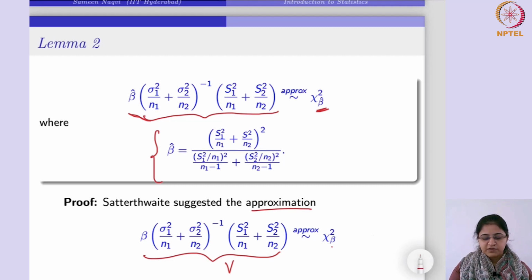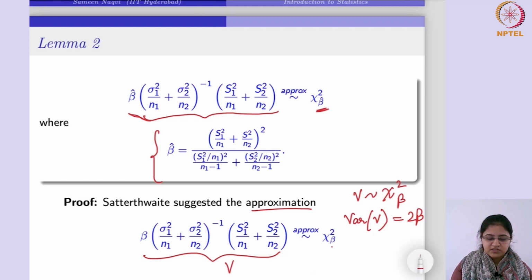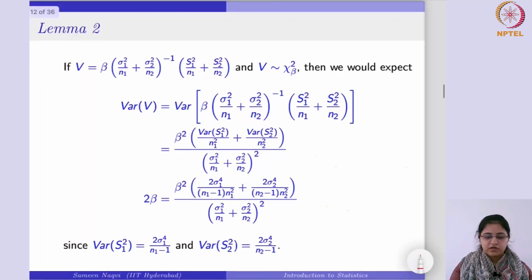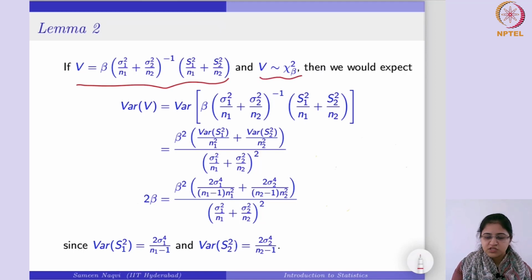If we denote this by v, then if v is following chi-square distribution with beta degrees of freedom, what will happen to the variance? Variance of v will be twice beta, as we have just seen. So let us apply this variance term on this v. We have defined v as this, and if v follows this, then you would expect that variance of this quantity would be the same.